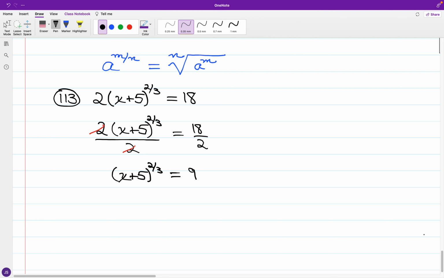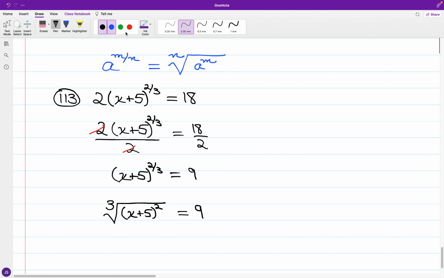Okay, so making the transition from a to the m over n and writing as a radical. Okay, all right, so the type of root is going to be cubic. So I'm looking at the cubic root of x plus 5 to the 2nd is equal to 9.